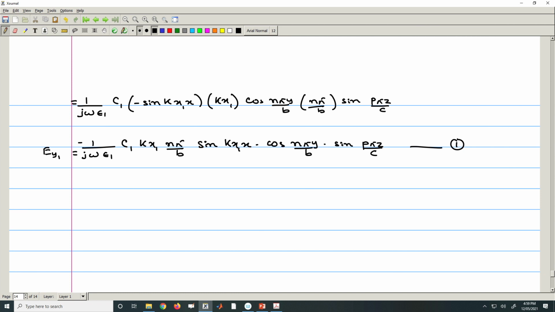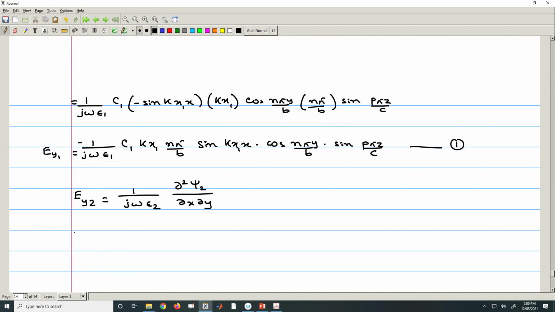Now E y2. E y2 will be 1 upon j omega epsilon 2 del square psi 2 upon del x del y.